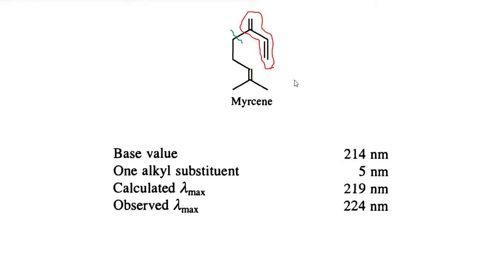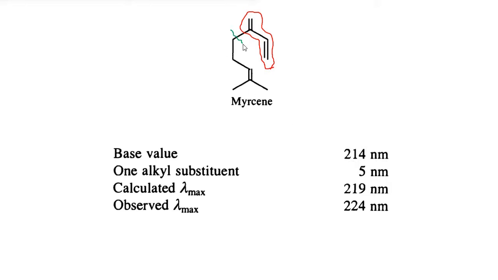Next example, this molecule is called myrcene. Our basic diene system is marked in red. See this red curve indicates our basic system. It is actually an acyclic conjugated diene system which has a base value of 240 nanometer.